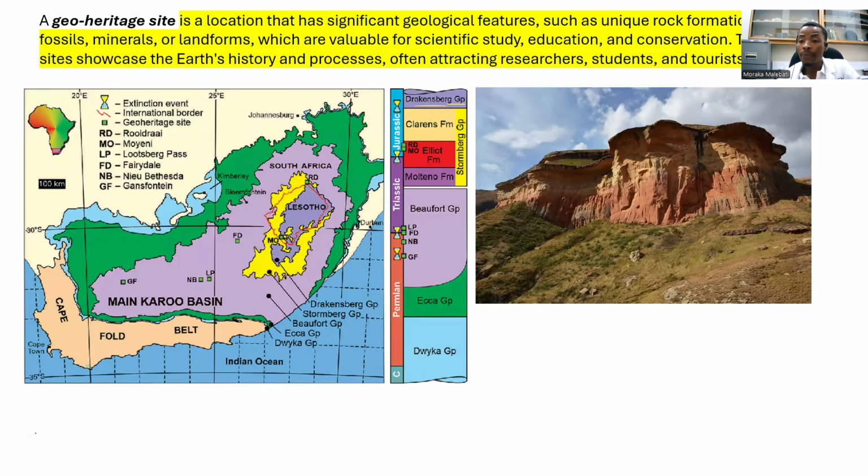The Roy Dry is one of the geoheritage sites that is preserving the Golden Gate Highlands Park. We are going to be focusing on the geology of this geoheritage site. If you check over here, you will see that this is found closer to the border between South Africa and Lesotho.